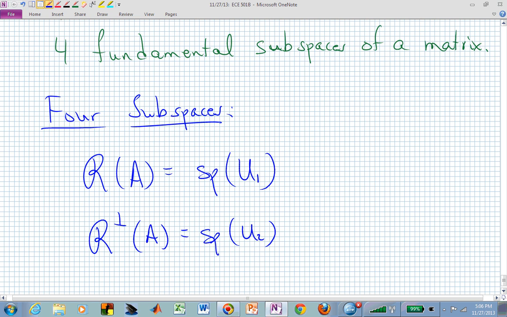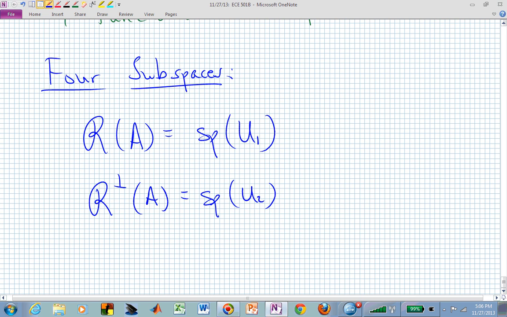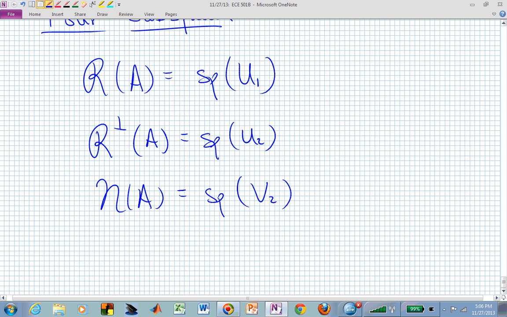So there are 2 of my 4 fundamental subspaces. The other ones: the null space of A is spanned by the columns in V sub 2, the rightmost columns of V, and the orthogonal complement to the null space of A is spanned by V sub 1.